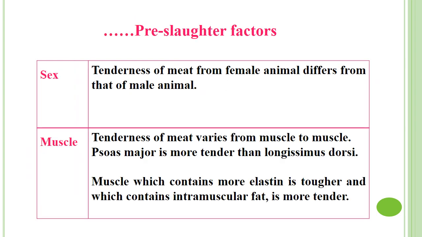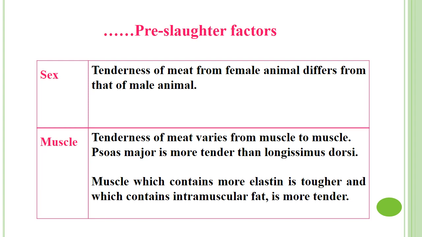In continuation of pre-slaughter factors, the sex, that is male and female: tenderness of meat from a female animal differs from that of a male animal. We have seen it earlier in case of texture also. The male muscle will be more active and there will be a more coarse texture and more connective tissue, leading to tougher meat from males. Then about the muscle.